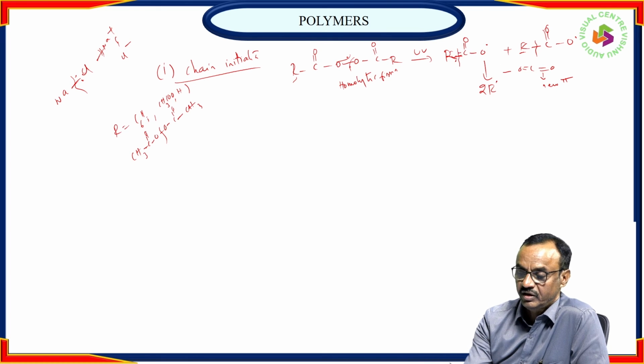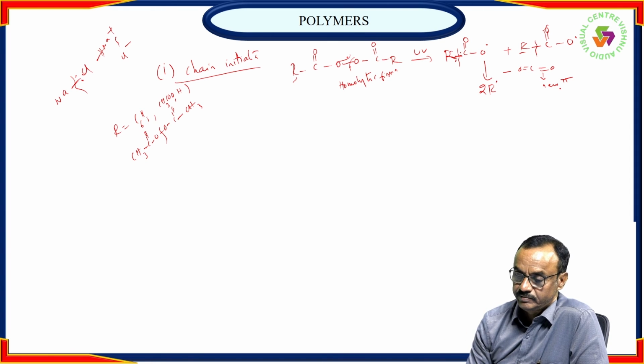How does it get the lone electron? During homolytic fission, the electrons involved contributed equally, and while breaking the distribution is also equal. This is the lone electron of this carbon, and the lone electron forms a new pi bond, right?